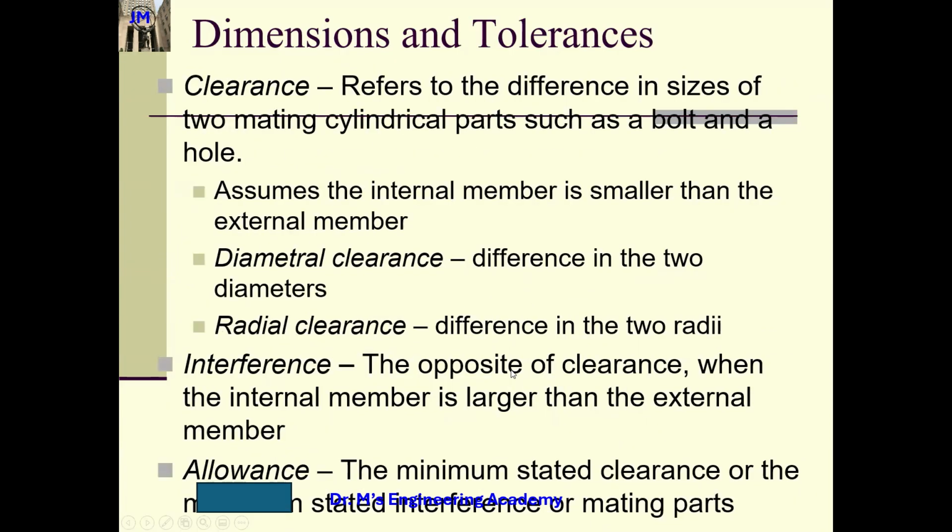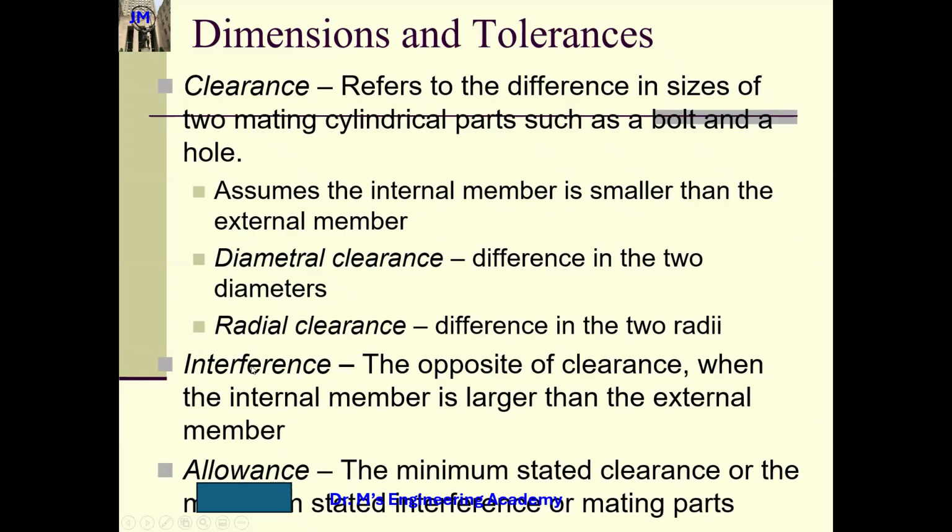Then we talk about clearance. Clearance refers to the difference in sizes of two mating cylindrical parts such as a bolt and a hole, assuming the internal member is smaller than the external member. Remember, the dimensional clearance is the difference in the two diameters, and the radial clearance is the difference in the two radii.